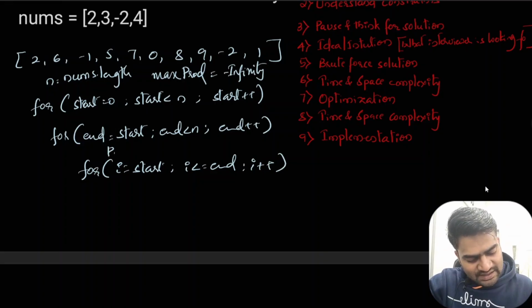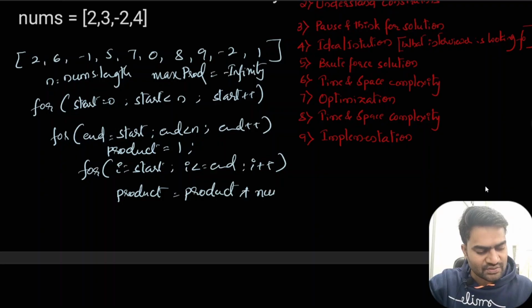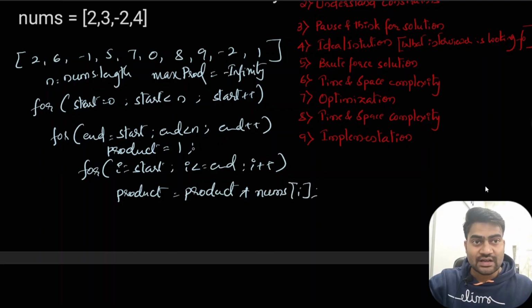Before that, I will take product equal to 1. Then I will say product equal to product into nums of i. In our previous problem, we took this as sum and assigned it an initial value of 0. But here we should assign 1 because it is multiplication. If we assign 0, then it will give 0 for all the multiplications.